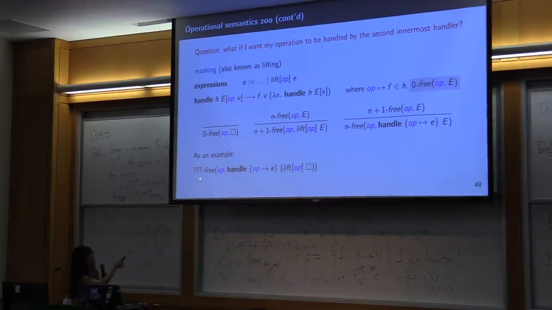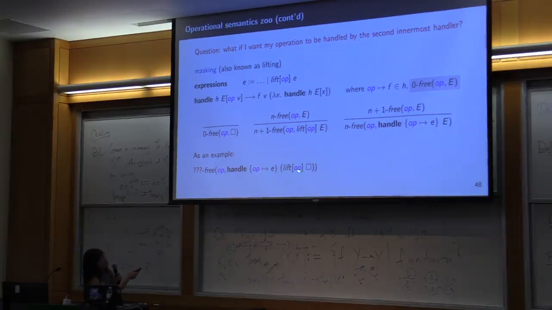As an example, what number should I put for this evaluation context? 0, right? Because I will say this is 0 free, and according to this definition, I want whatever is under the handler to be 1 free.